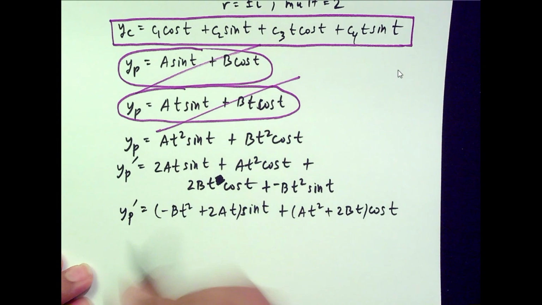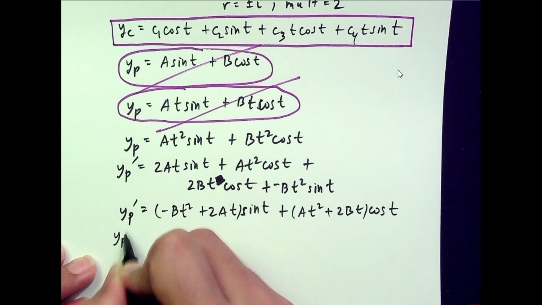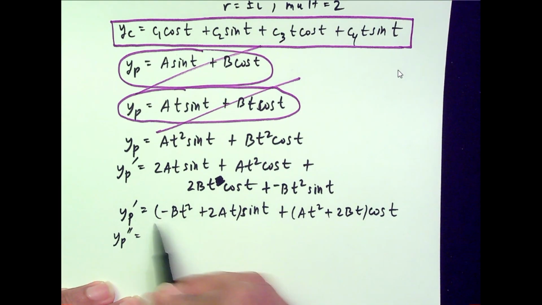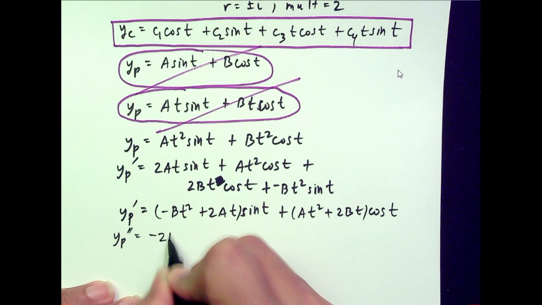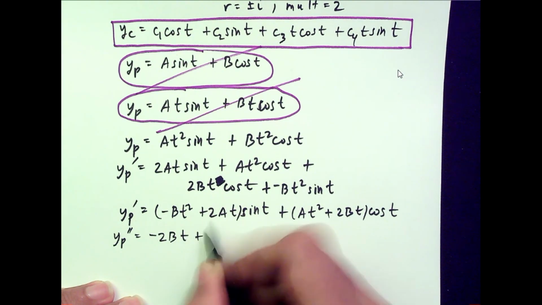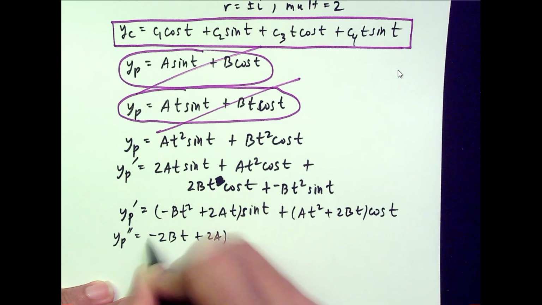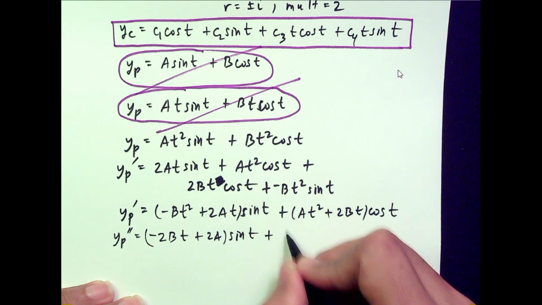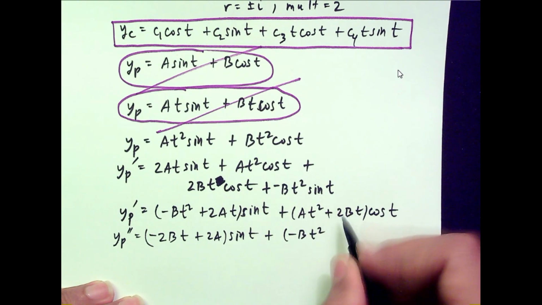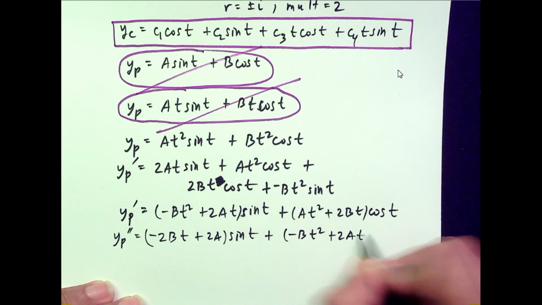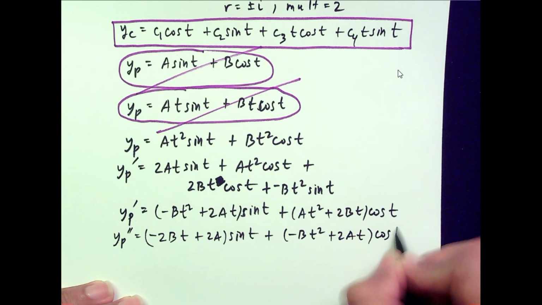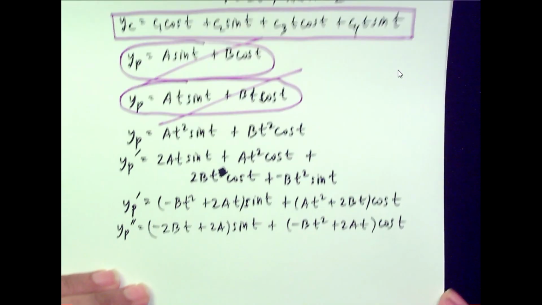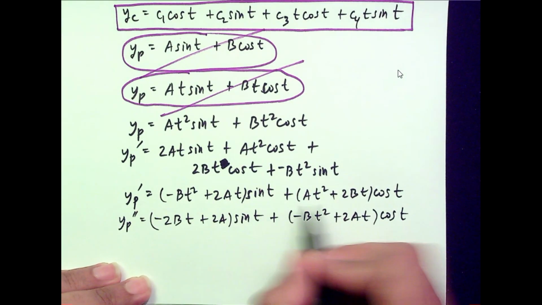Now let's find the second derivative. The derivative of the first times the second plus the first times the derivative of the second. Now, product rule there.